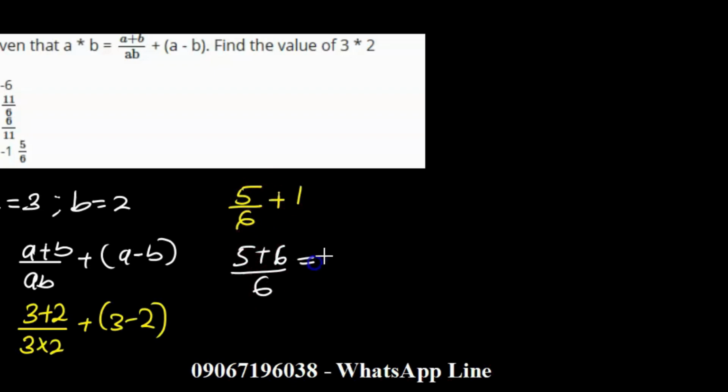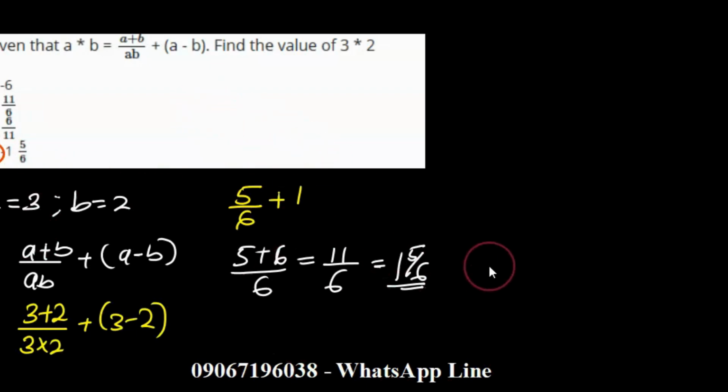If I express this, it is going to give us 11 over 6. 11 over 6 in mixed fraction, 6 into 11 is 1 times remainder 5 over 6. So the answer is 1 whole number 5 over 6, and that gives us the option that we have here, option D. Alright, so this is the solution to this question.